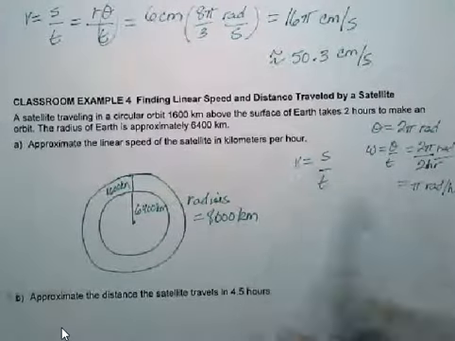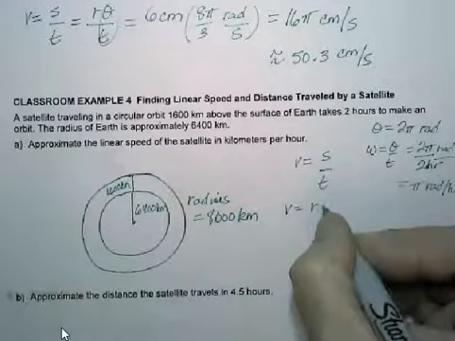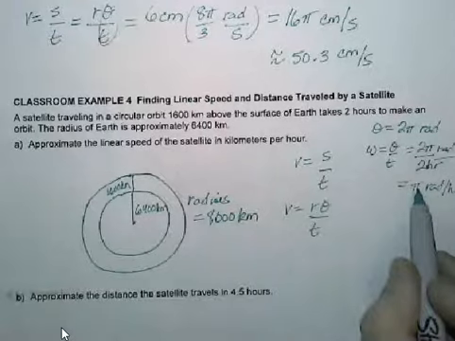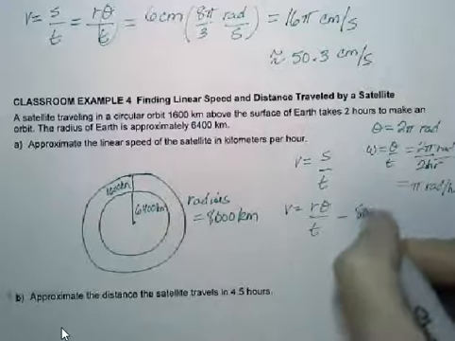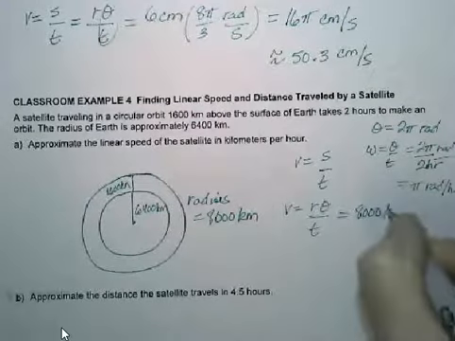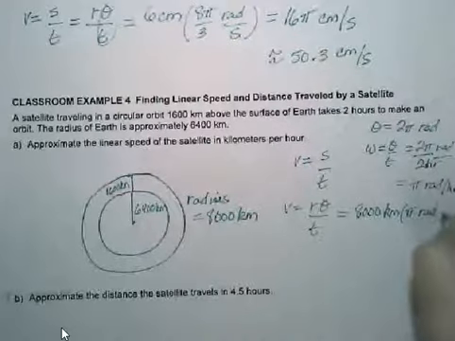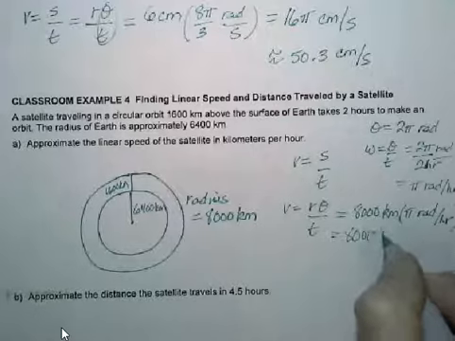Then if I want to do the linear speed, I'm going to change my s to r theta, and for the theta over t, I'm going to substitute in the pi. I know my radius is 8,000 kilometers, so that gives me 8,000 kilometers times pi radians per hour, which gives me 8,000 pi kilometers per hour.